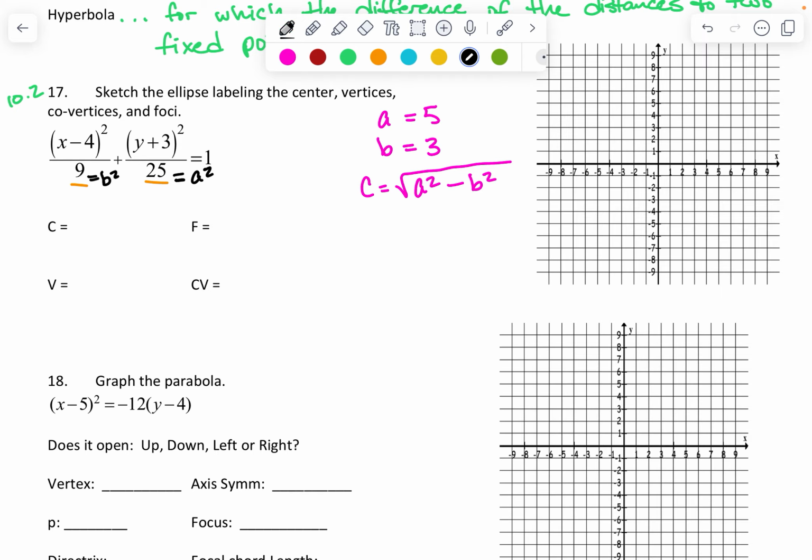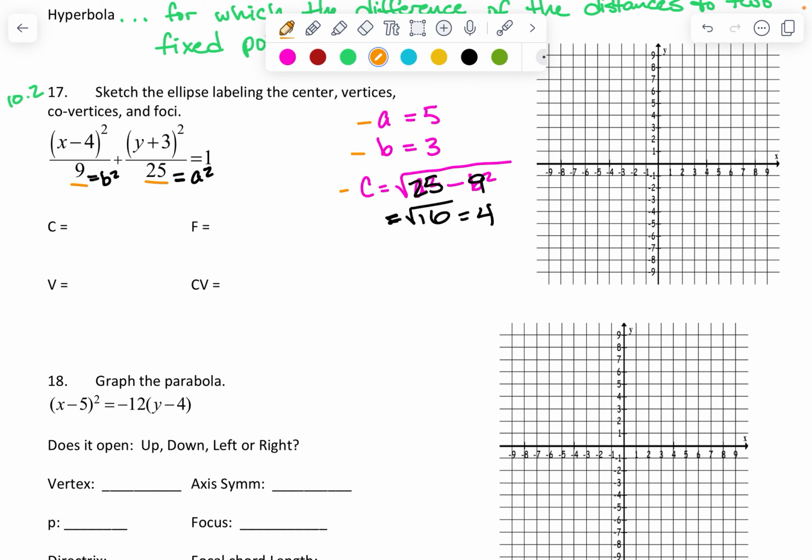So in this case, a squared is 25, b squared is 9, which means it equals the square root of 16, which is 4. So c equals 4. So I've got the 3 distances I need to graph an ellipse, my a, b, and c.